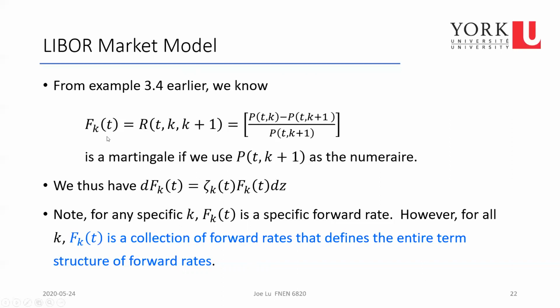A forward rate, under the definition we have provided, is a forward rate that we observe right now at little t for a period between k and k plus 1. So we may have k being 6 months, k plus 1 meaning 9 months. So then it's a 3 months rate, 6 months out.